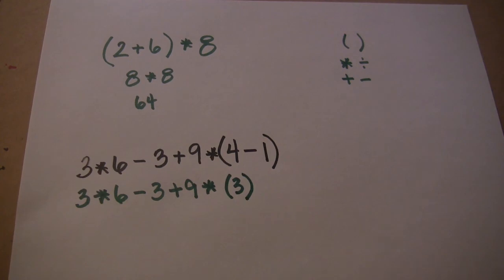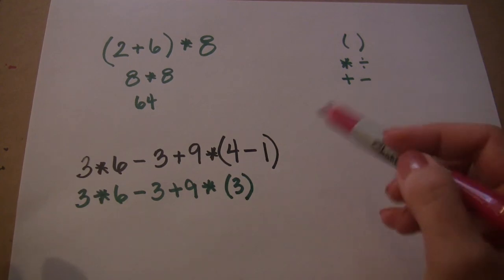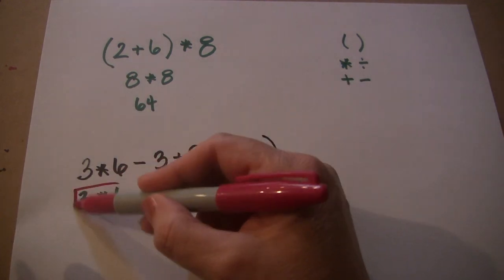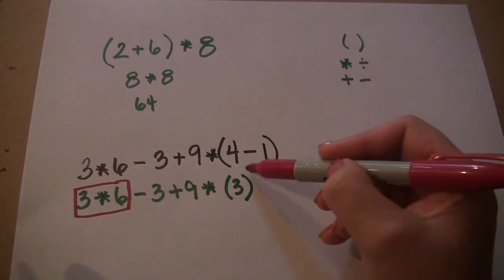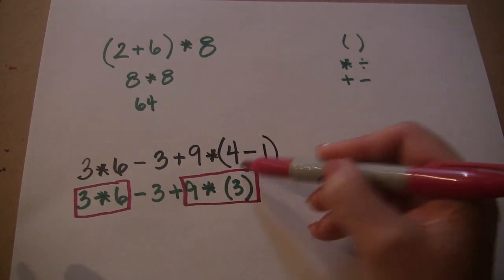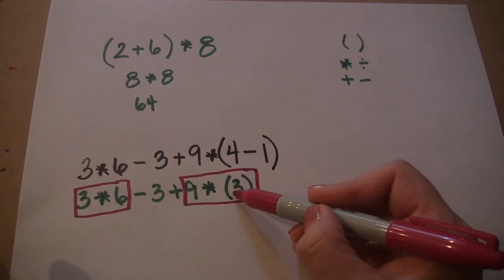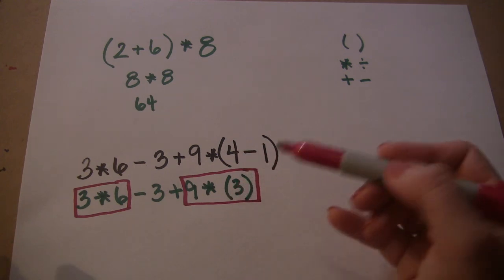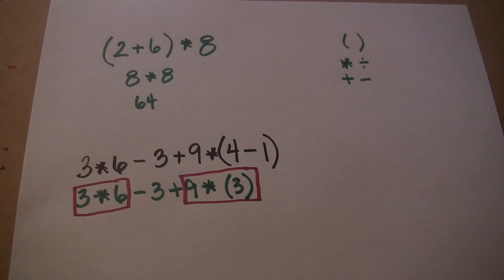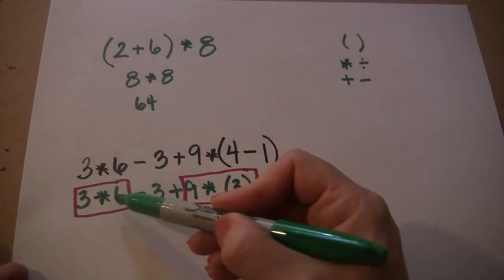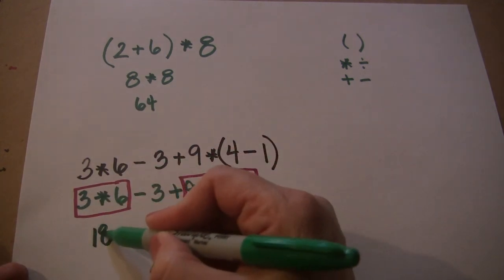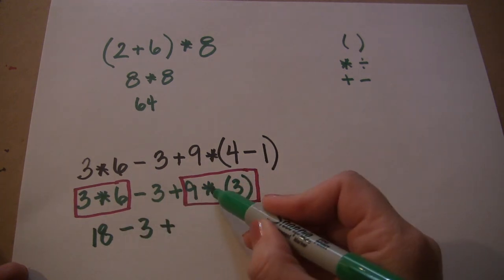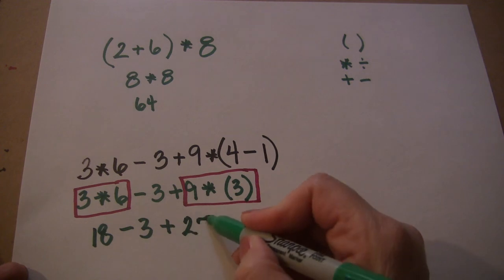Now that I've eliminated the parentheses, I'm going to move to multiplication and division. Here we have some multiplying, and here we have some multiplying. These parentheses I could just leave off altogether because nothing is happening with them, right? It's just a plain 3 on the inside. Okay, so 3 times 6 is 18 minus 3 plus 9 times 3 is 27.